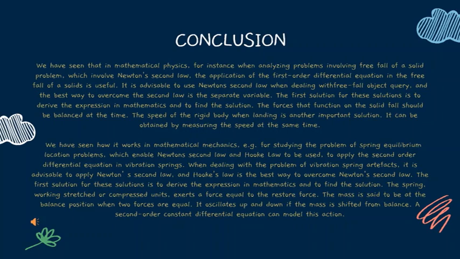Firstly, I want to explain about first order ODE. The application of first order ODE is kinetic analysis of rigid body dynamics. The method we use is Newton's second law, and the formula is total F equal to mass multiplied by acceleration. Also, in first order ODE, we have two cases. Case 1 is about free fall of a solid.